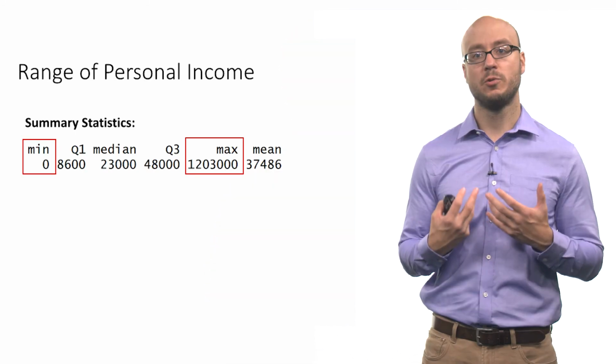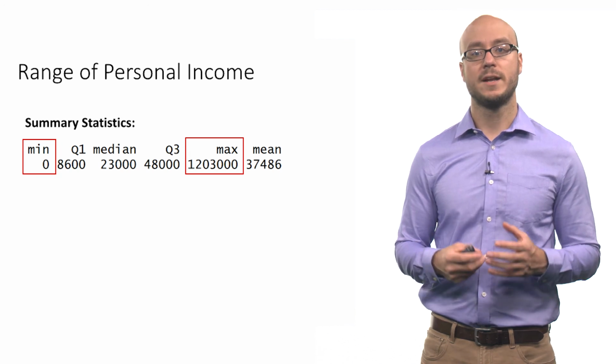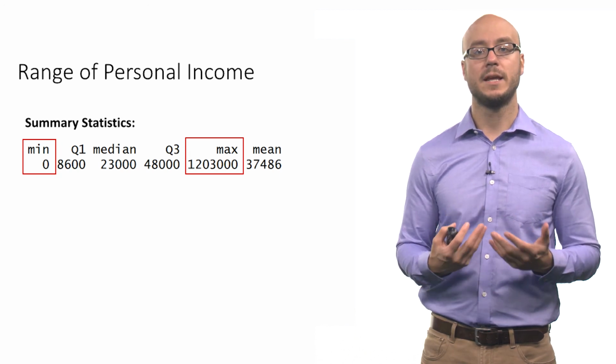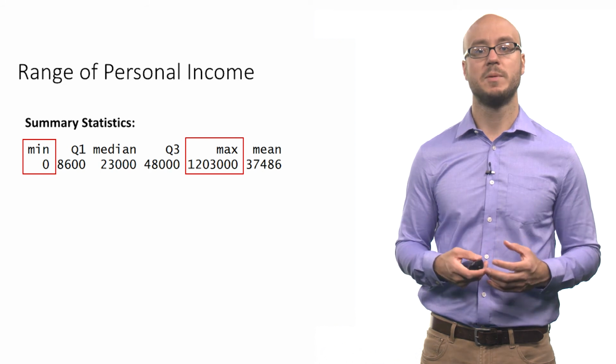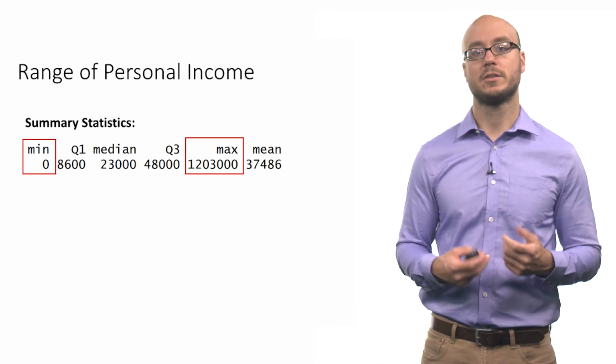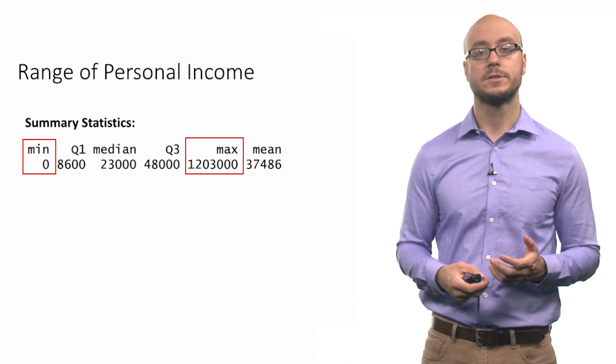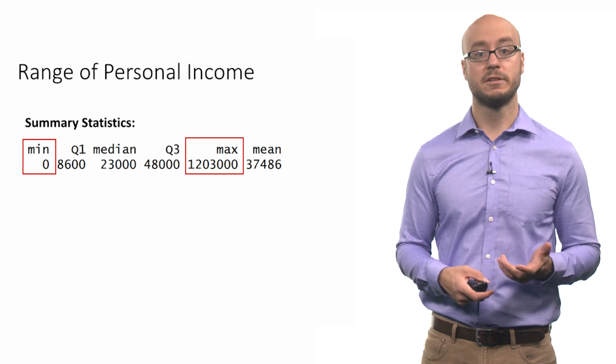Now that we know something about the range, let's return to our data set of personal income in the United States. We have an idea about the mean, the median, and the mode, but let's look at the maximum and minimum values and then calculate the range. The maximum income is about $1 million. The minimum is about $0.